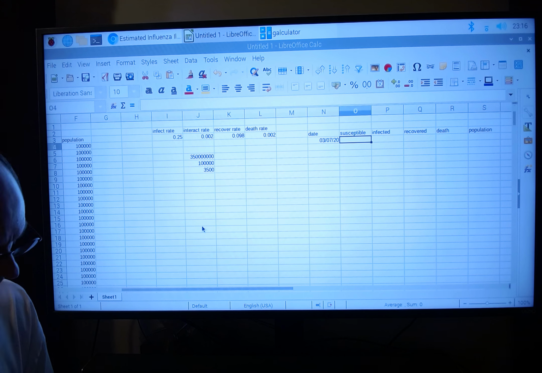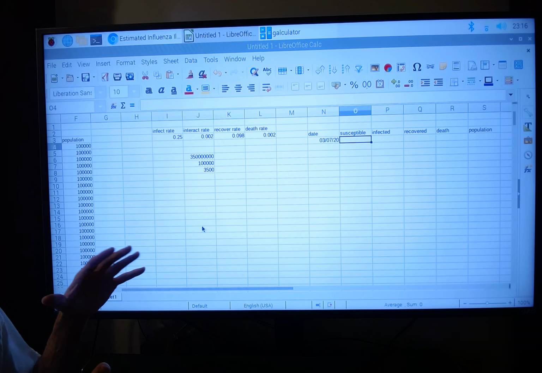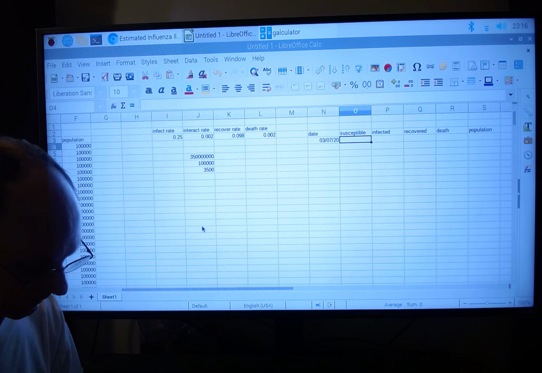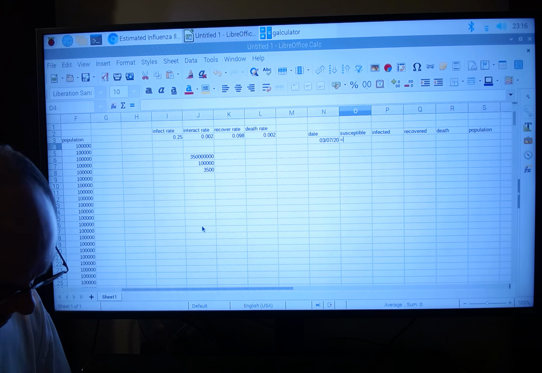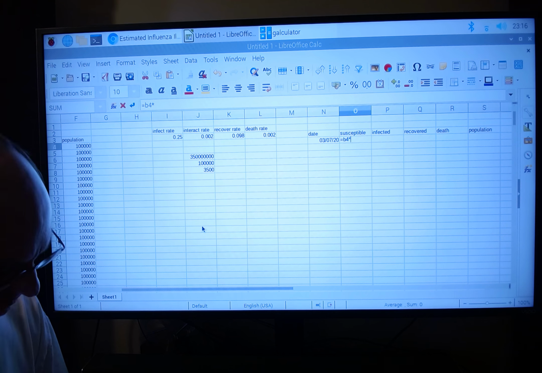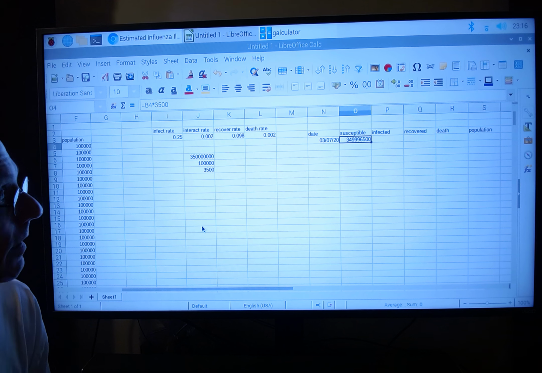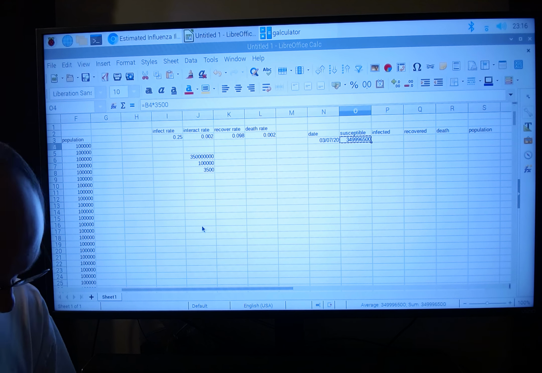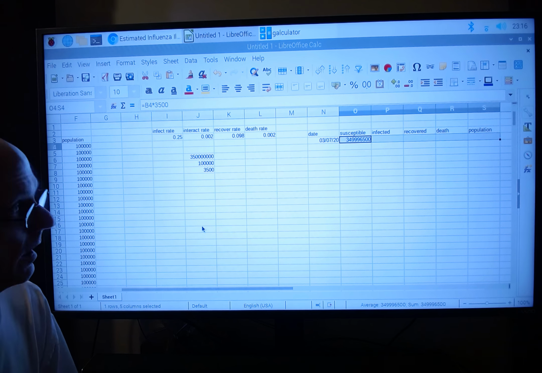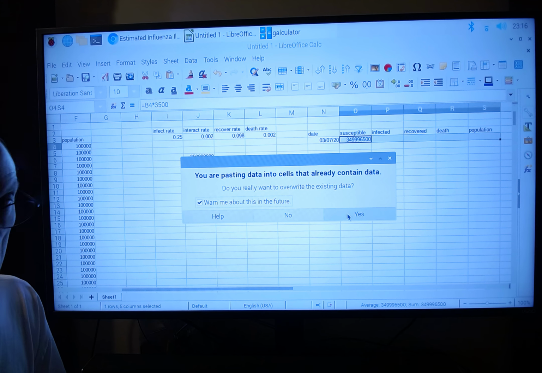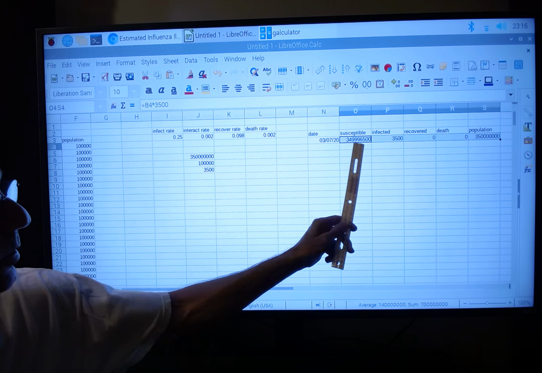So if we ramp our simple model up to the population of the United States, that's going to be B4 times 3,500. Okay, that's got our susceptible pool. All right, so that looks good. We have our date, our pools.